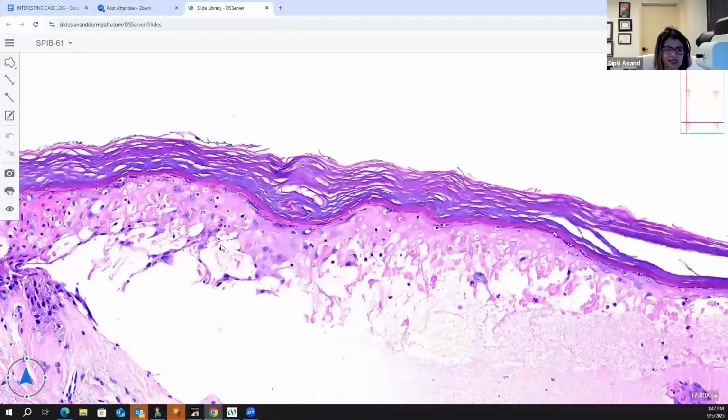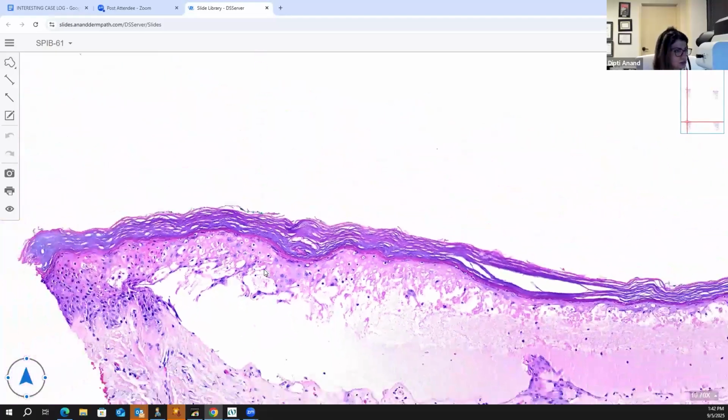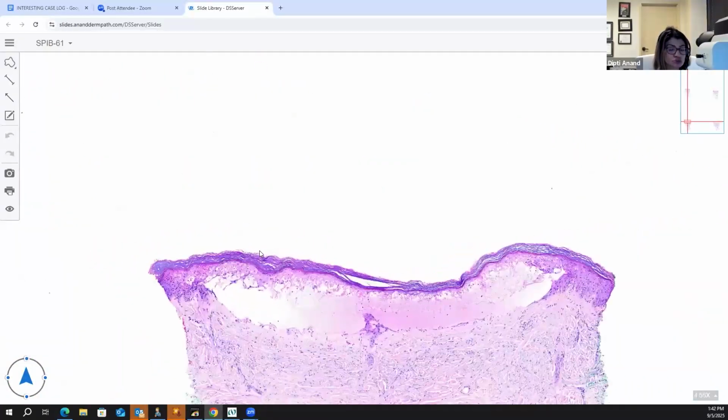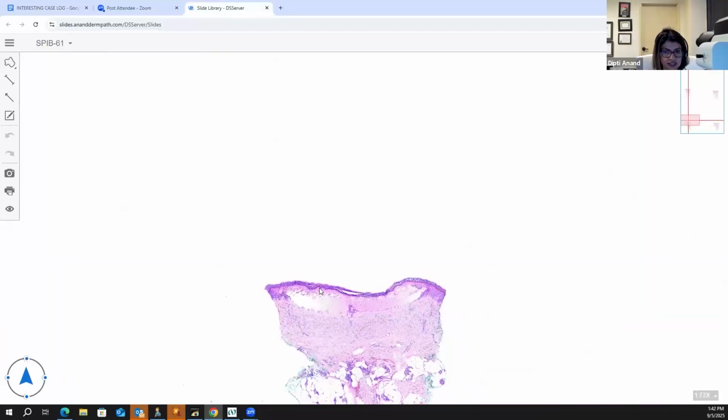The way it dies is different. It doesn't undergo necrosis, but it has fluid and it swells up and leaves behind the reticular lines. So the process is different. But yes, it can also give you an intact stratum corneum like that. So on low power, it really does look like that.